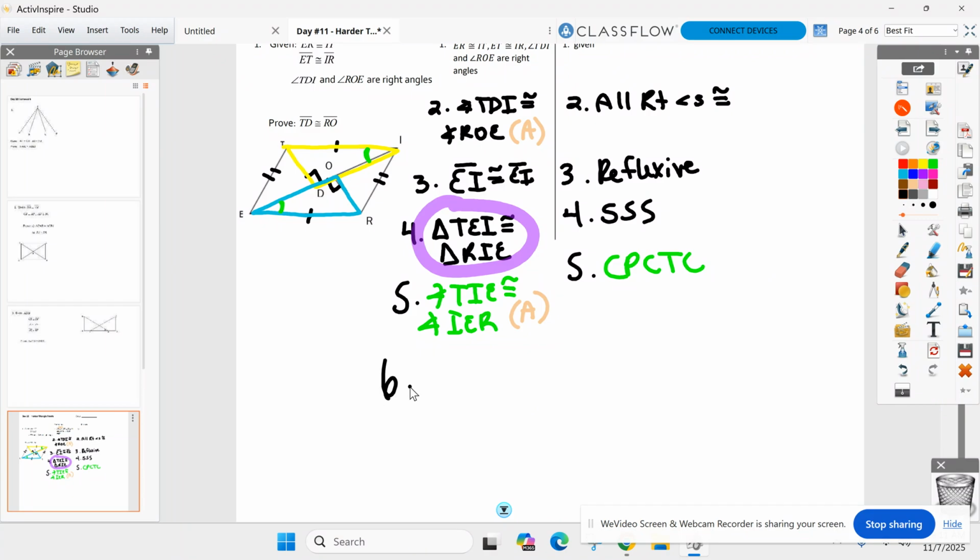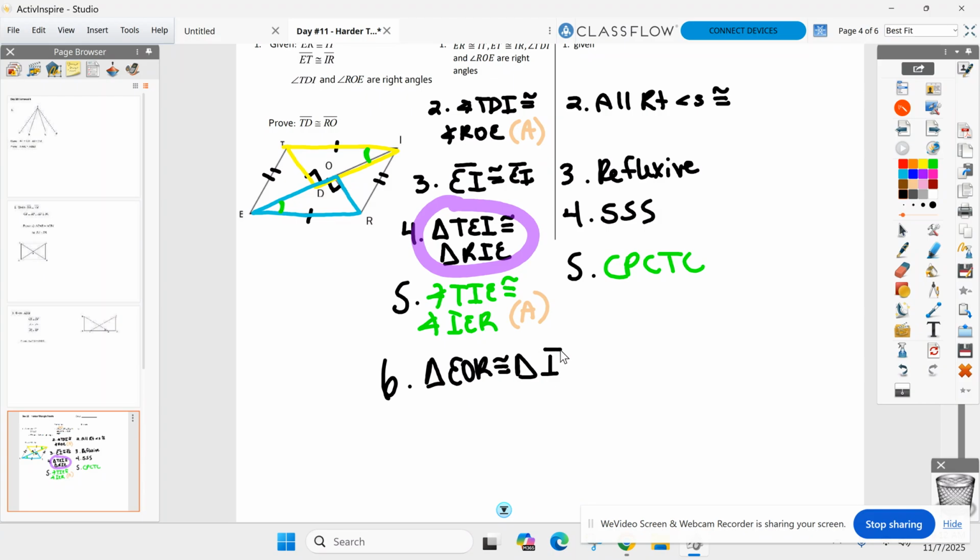Now I have enough information to prove triangle EOR congruent to triangle. All right, how do I name that one now? EOR. How would you name the next one then? If I go EOR, IDT, EOR, E's congruent to I, right up there.